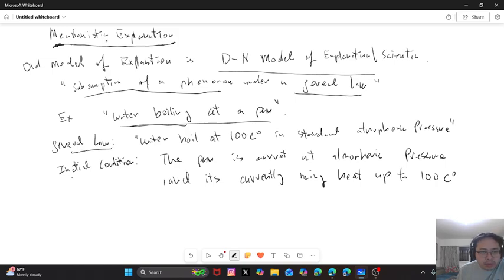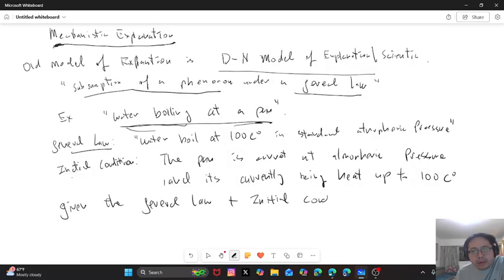So combining the general law, which is that water boils at 100 Celsius in standard atmospheric pressure, and the initial conditions of my pan right now, that the pan is at atmospheric pressure and is currently being heated up to 100 Celsius, given these two propositions we can derive what we want to explain, which is water boils at a pan. So given the general law plus the initial condition, we can explain water boils at a pan.